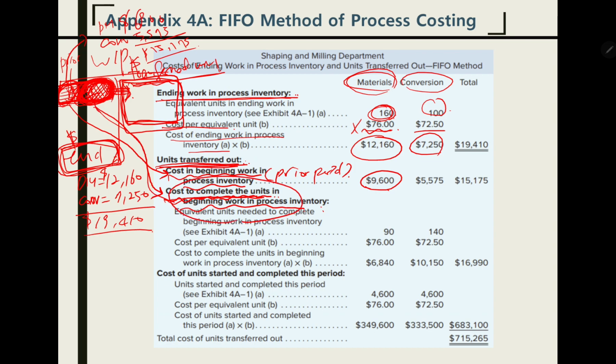Okay, and this part, the cost to complete the units in beginning work in process inventory. We use the equivalent units, right?